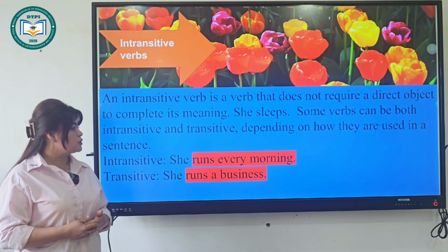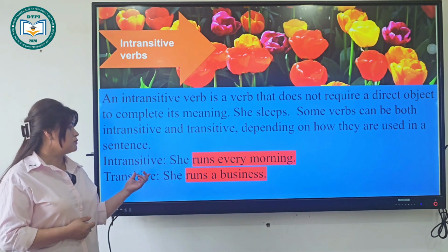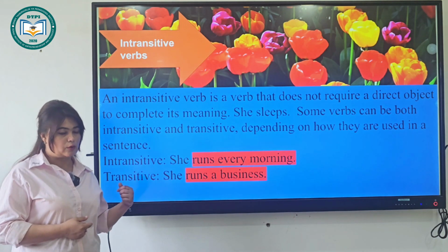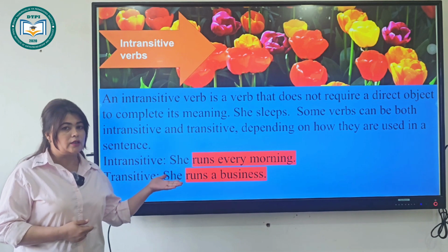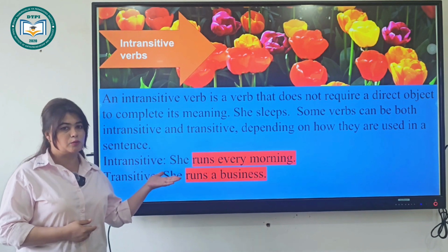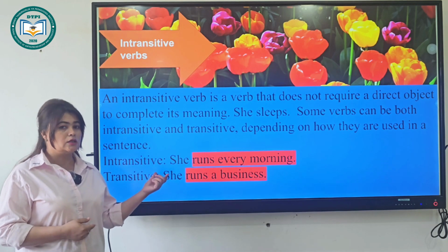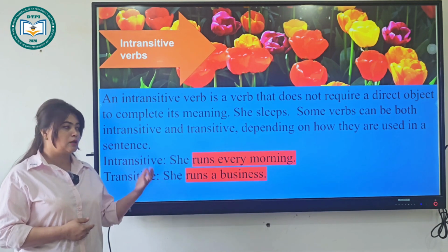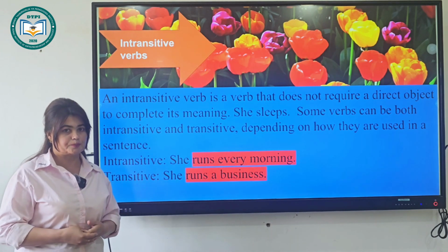In the example, she runs every morning, the verb to run is considered an intransitive verb because here we cannot find any direct object after the verb to run. In the next example, she runs a business. Here the phrase a business is a direct object, that's why to run here is a transitive verb.